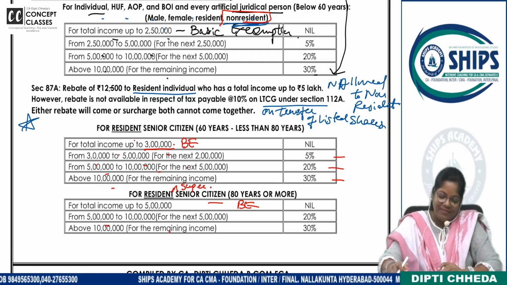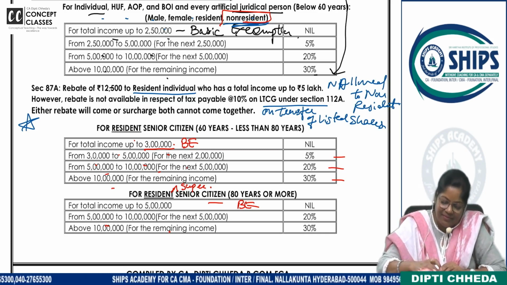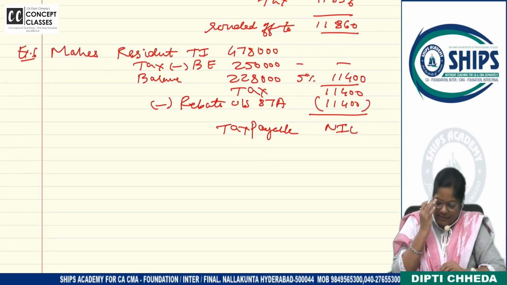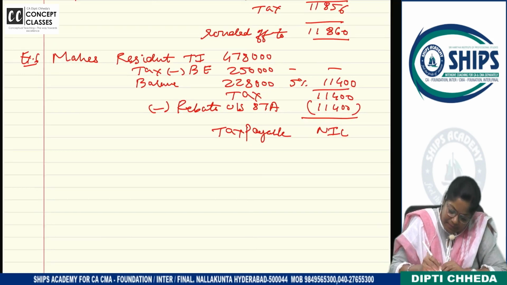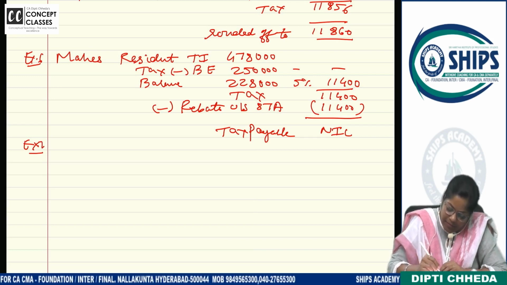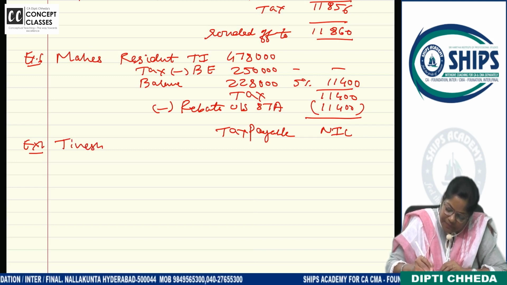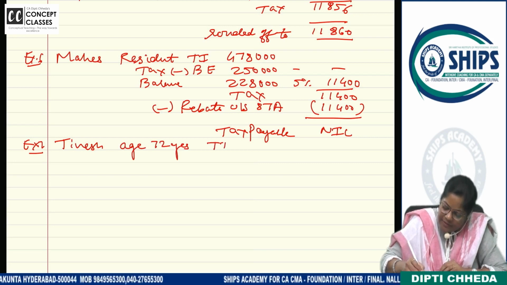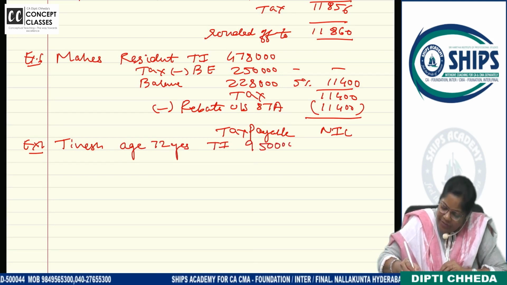चलो, लेट अस वर्क आउट मोर एग्जाम्पल्स. Dinesh, age 72 years, total income 9,50,000.